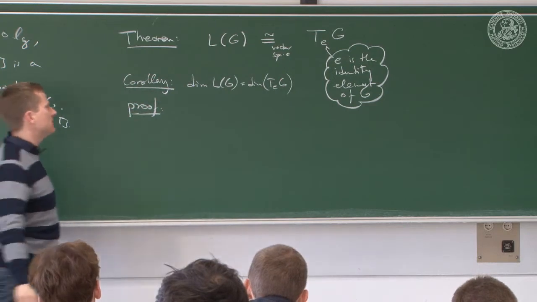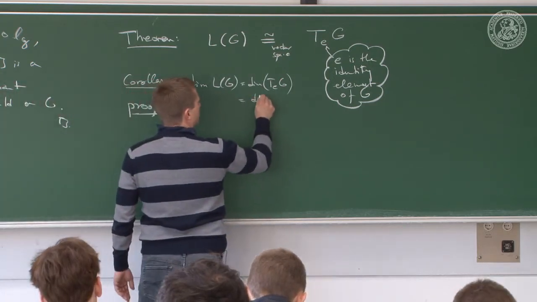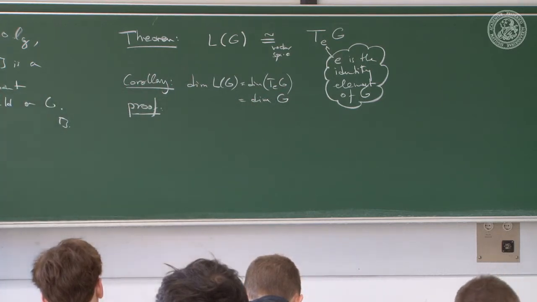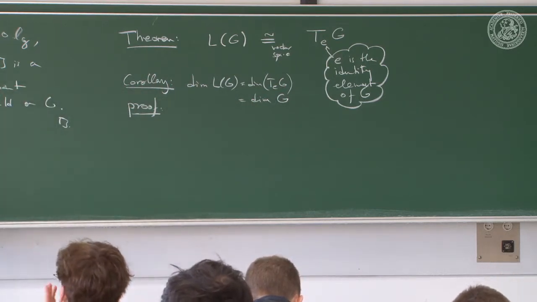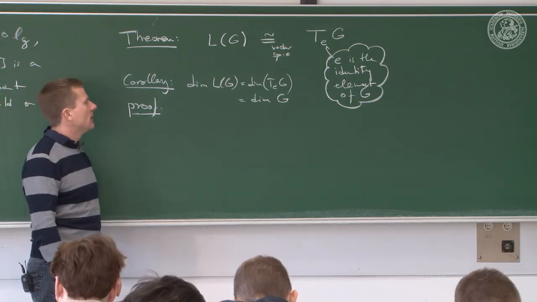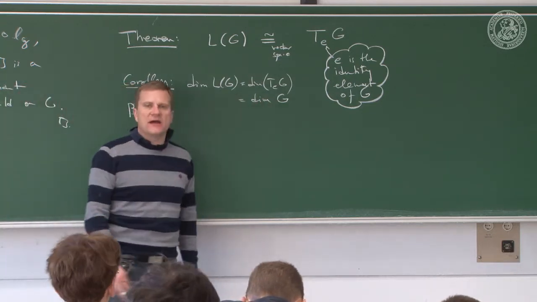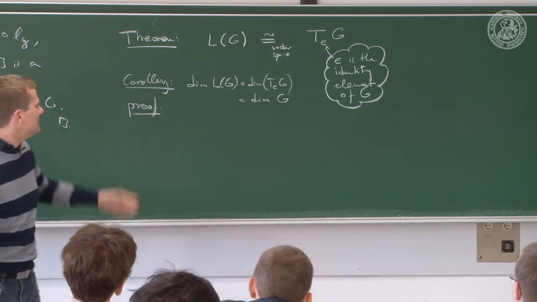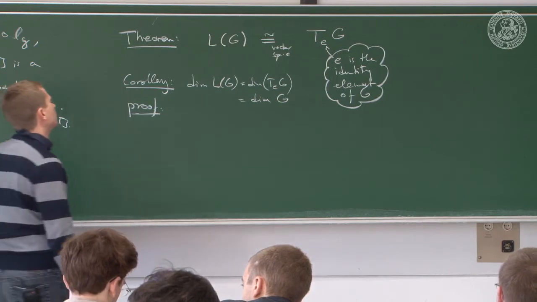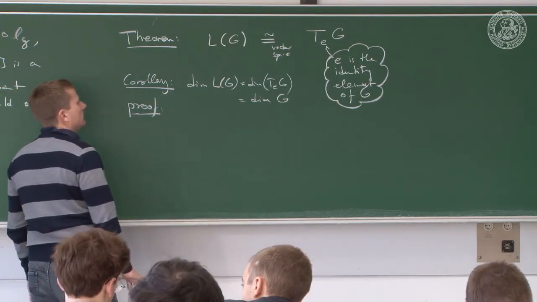It's, again, a vector space dimension. But that's, of course, the same as the dimension of the manifold, because the tangent space as a vector space has the manifold dimension of the underlying manifold. And, well, if this is a finite dimensional manifold, then the Lie algebra is finite dimensional. Okay? So that's the corollary.